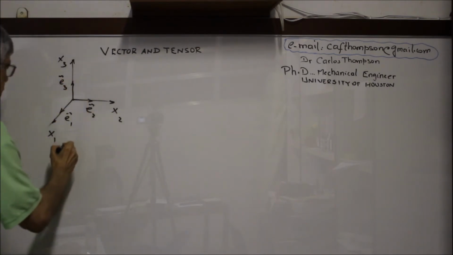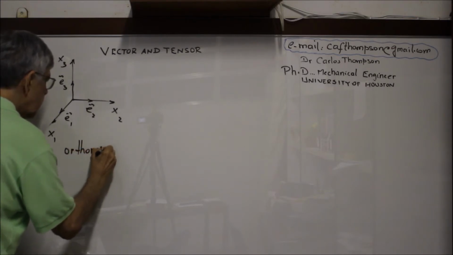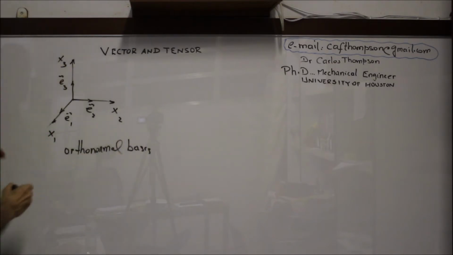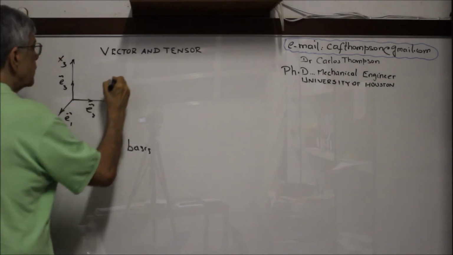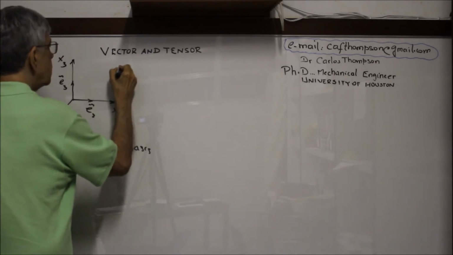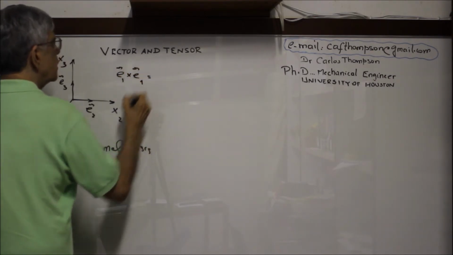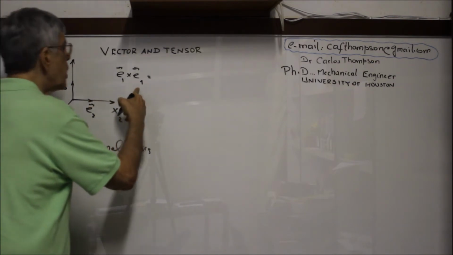This is an orthonormal basis. Now, let's obtain the product E1 cross E1. See? Now, E1 cross E1.